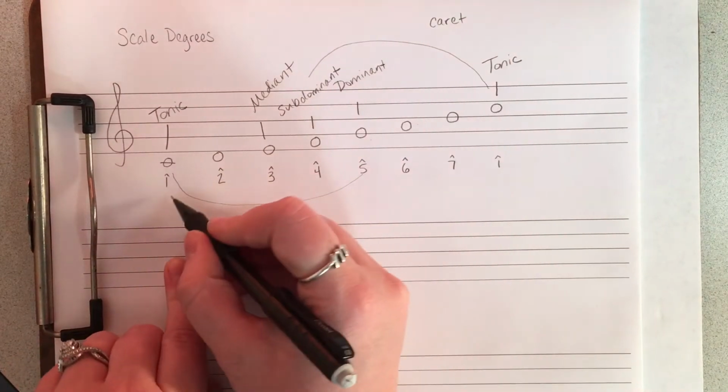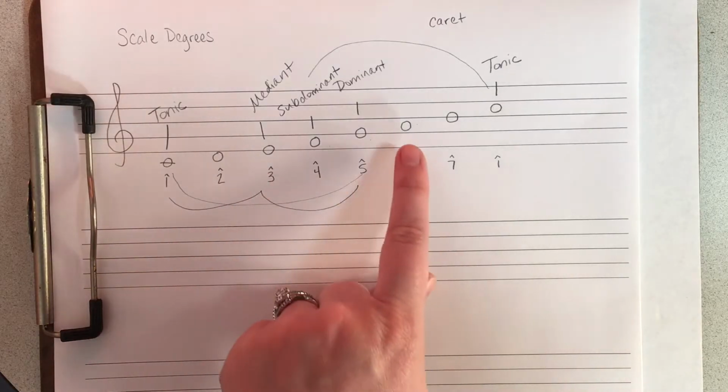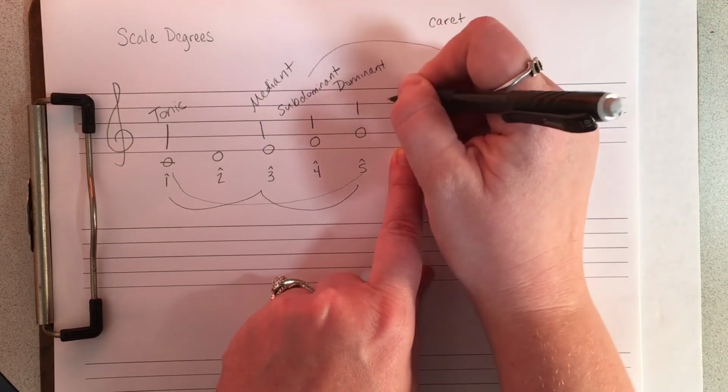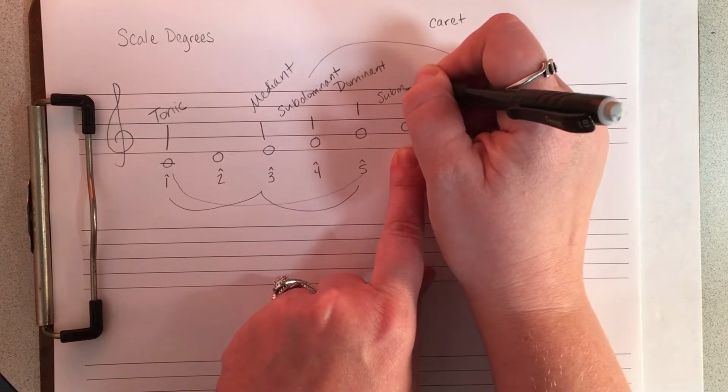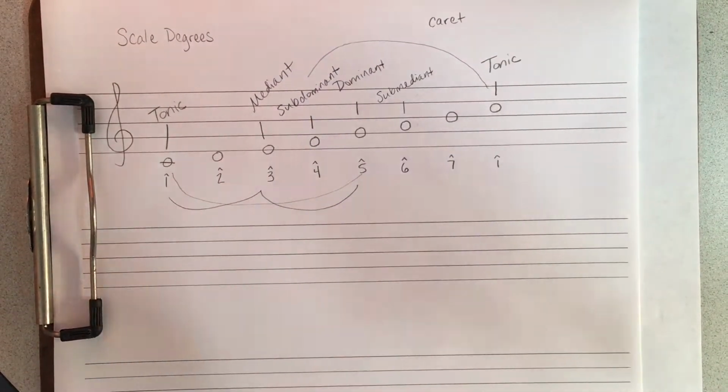If you think about it, it's sort of equidistant between the tonic and the dominant, so it's sort of the middle. It's kind of what mediant means there. So mediant. And the 6 is called submediant. And just like subdominant gets its name because it's 5 below tonic, submediant gets its name because it is directly in between tonic and subdominant, just like mediant is directly between tonic and dominant.